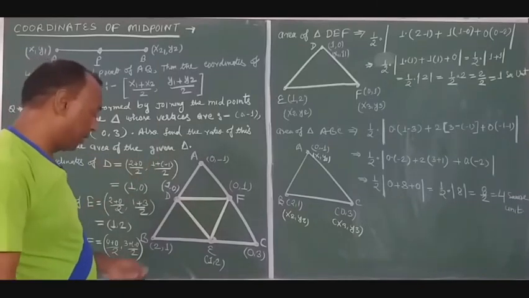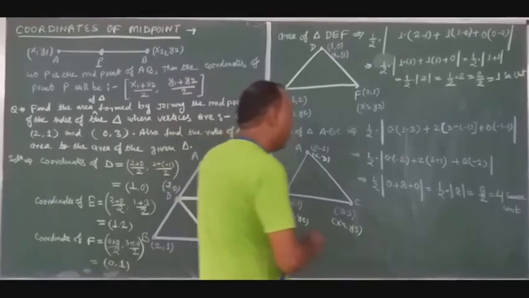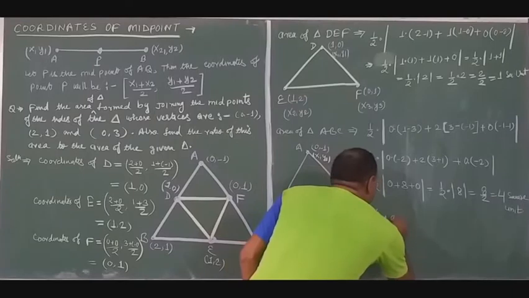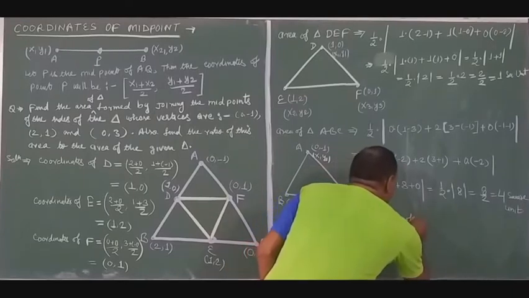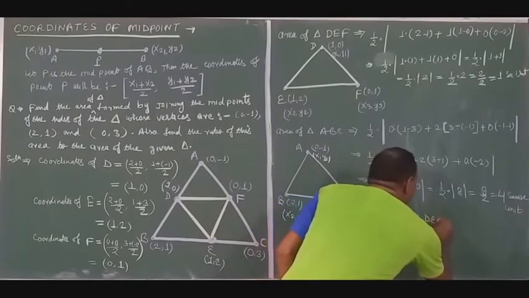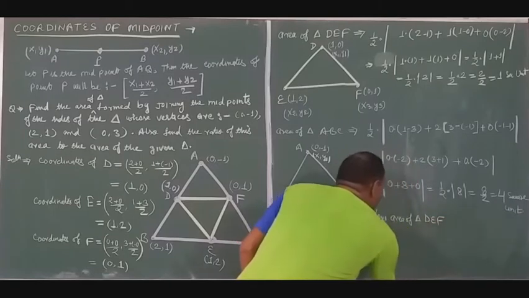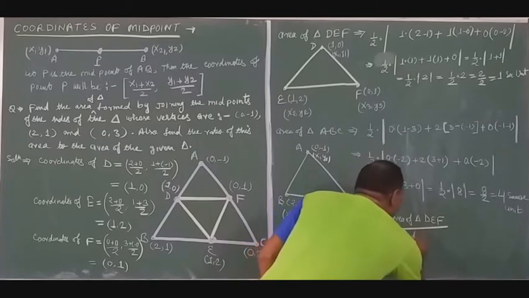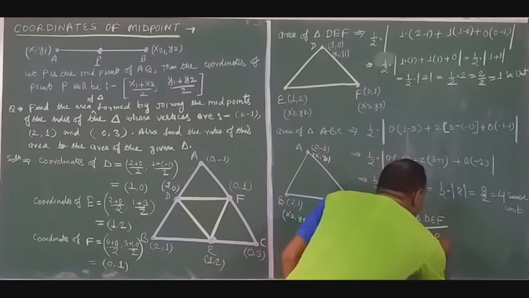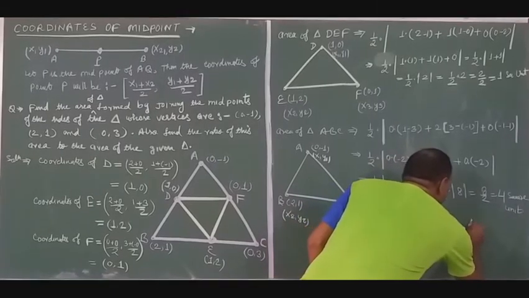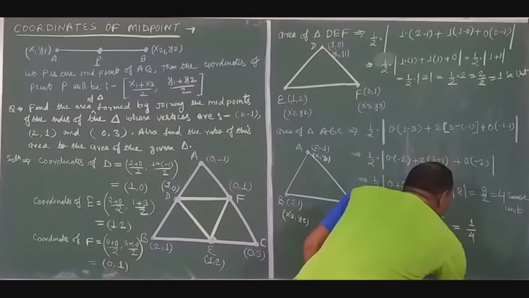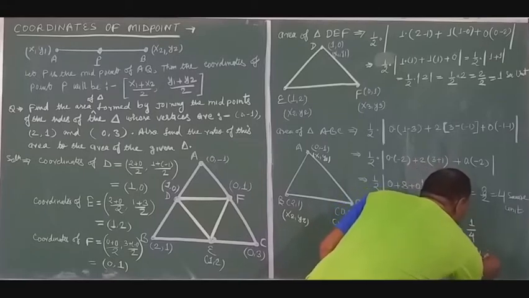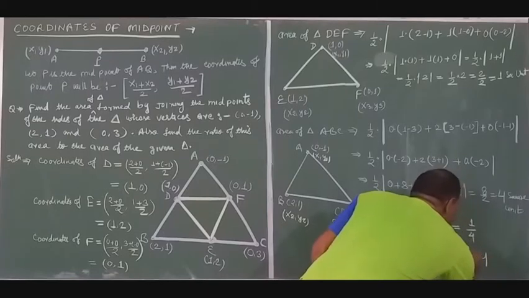Now the question is to find the ratio of this area, that is area of DEF, to the given triangle, that is ABC. Now the required ratio: area of triangle DEF upon area of triangle ABC will be 1 upon 4, and the required ratio is 1 ratio 4.